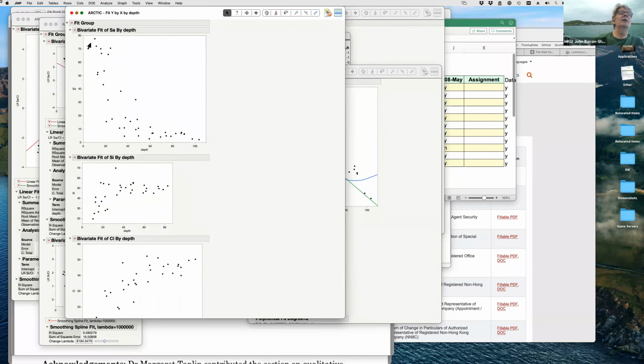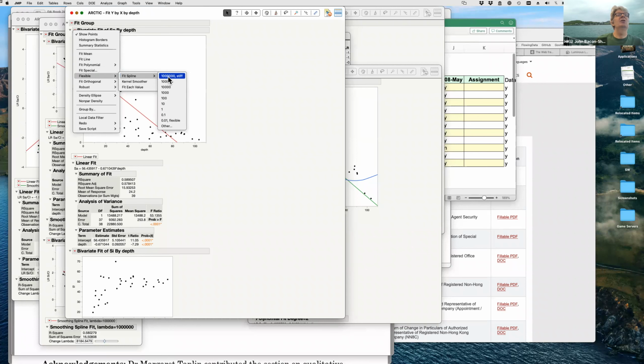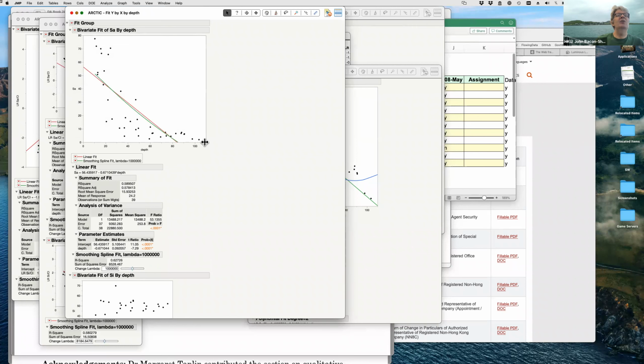So for example, if we look at the sand versus depth, you can see we have a hard boundary here at 0. You can't have less than 0% sand. You can't have more than 100%. And this also does not account for the constraint that the sand must be equal to 100 minus silica minus clay. Right? So yeah, we can try and fit a model here, but it will easily produce predictions which are impossible.